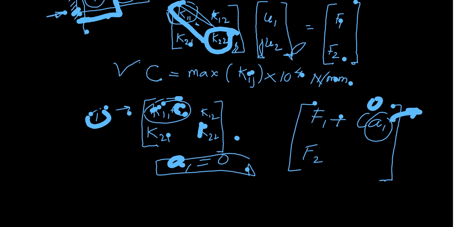In the next video I am going to explain how we can apply the penalty approach method with any elements. We will also calculate the deflections and compare our values from the penalty approach with the elimination method.